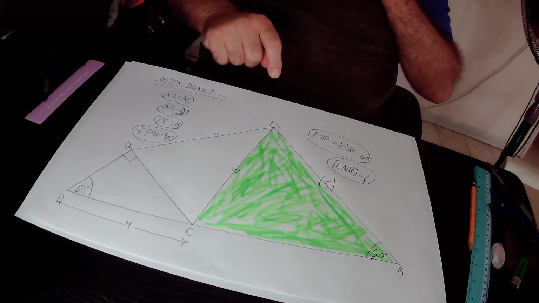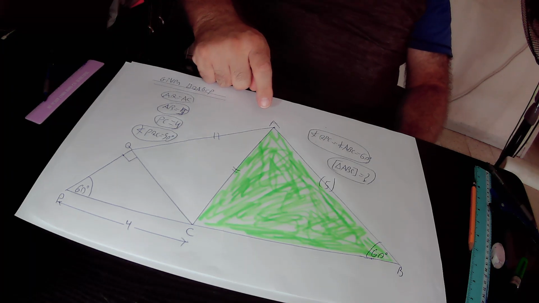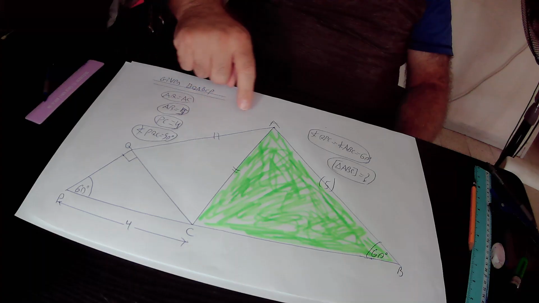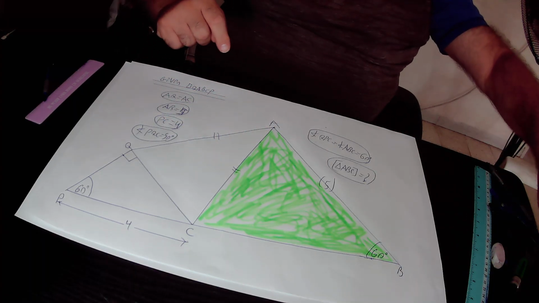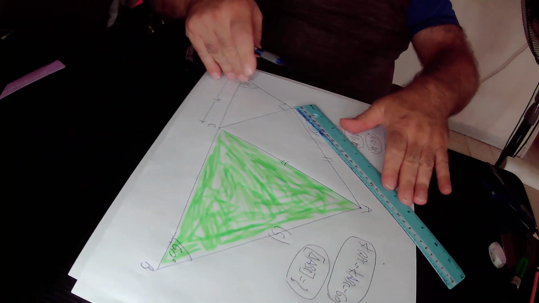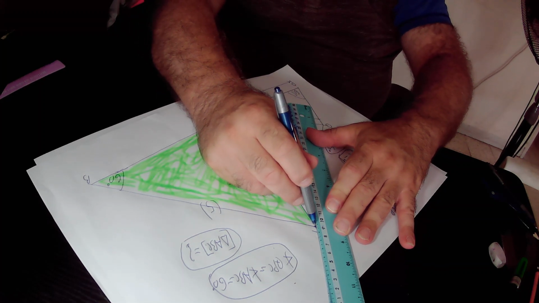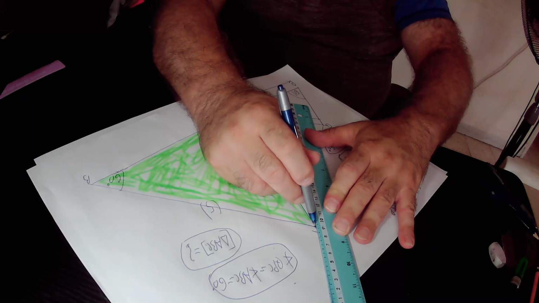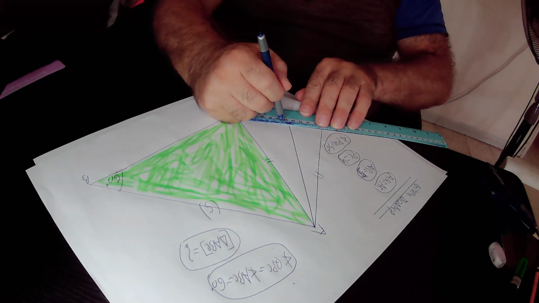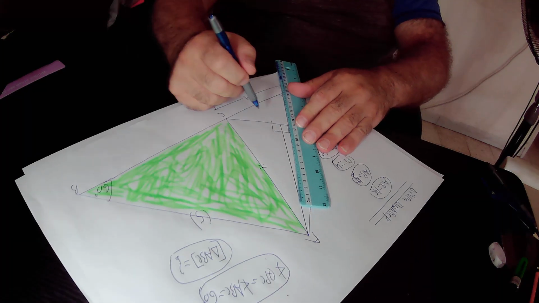From point A, we will draw a perpendicular on the base QC of this associated triangle, triangle QAC. So actually, this angle equals 90 degrees, and this angle also equals 90 degrees according to our construction.